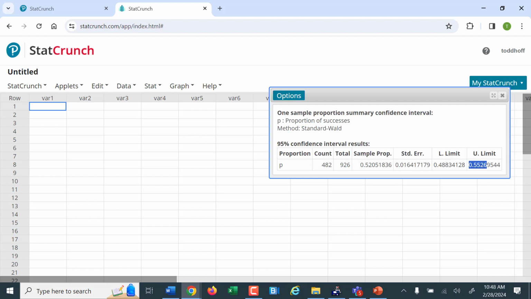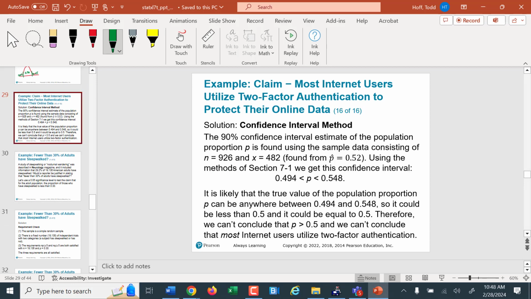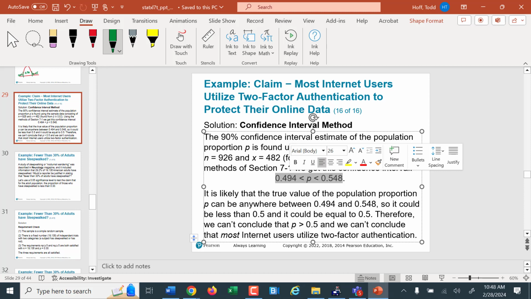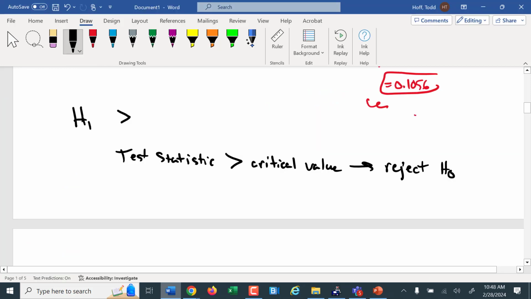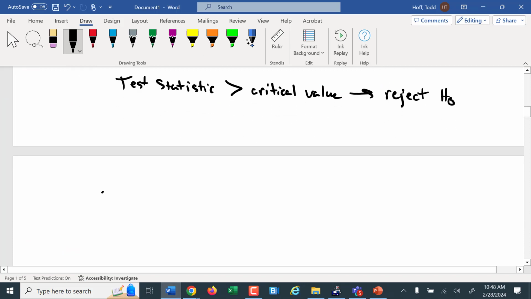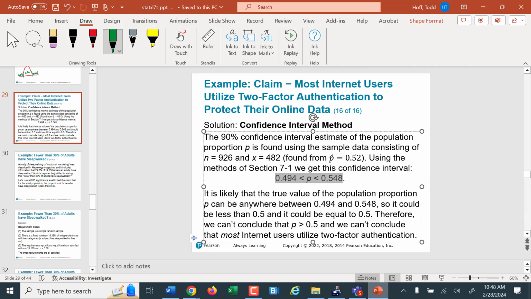Well, what does that mean? Well, let's go back here. They get the same confidence interval we did. They rounded to only 3 digits. What that means, so if I'm looking at a number line, a continuum here, our proportion of 0.5 is right in the middle. Well, this goes, we said, from 0.494 to 0.548.